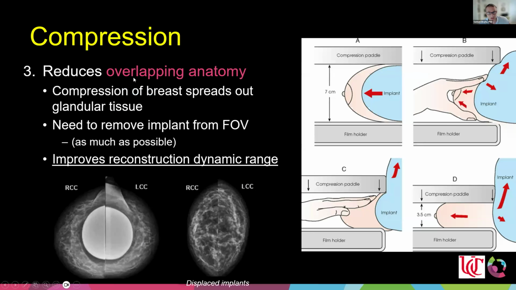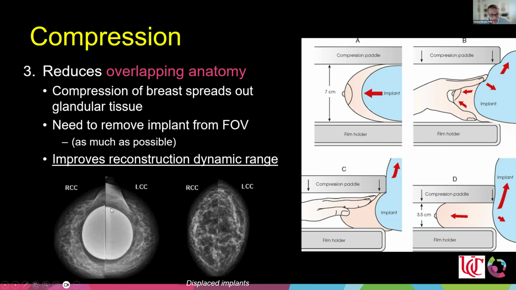Of course, by compressing the breast, it reduces overlapping anatomy. But reducing overlapping anatomy actually improves dynamic range. Now, what dynamic range defines is the reconstruction algorithm's ability to create an image that goes from very high white to very dark black.